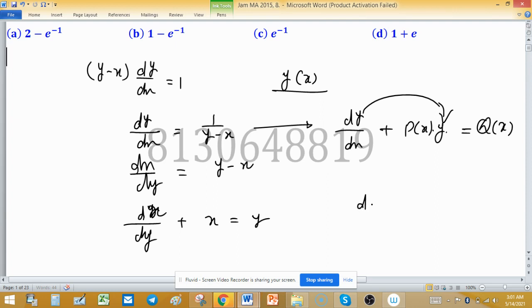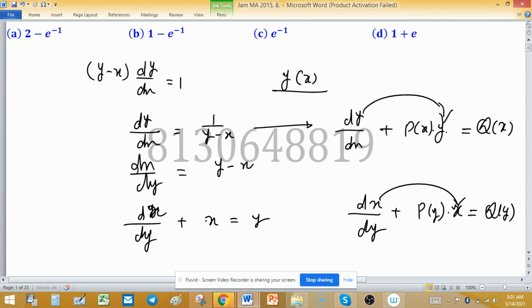Now this is the structure dx over dy plus P(y) times the function, where x is now the dependent variable, equal to Q(y).